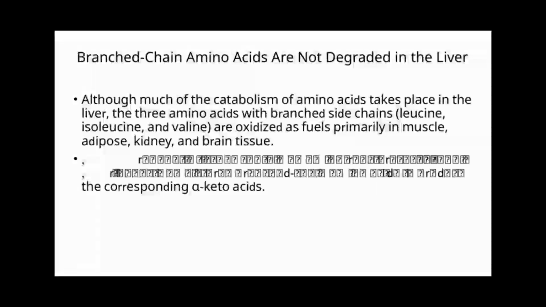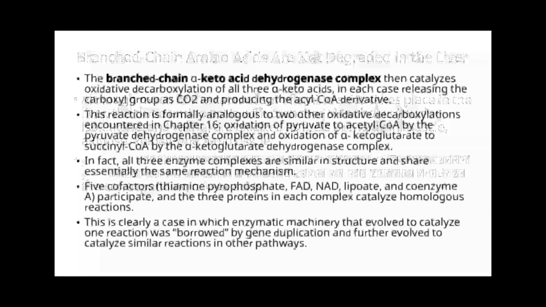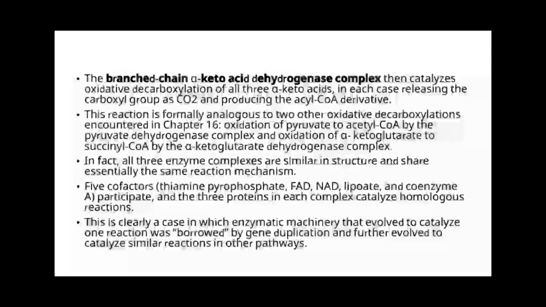The branched-chain alpha-keto acid dehydrogenase complex then carries out an important step. It catalyzes the oxidative decarboxylation of all 3 alpha-keto acids. In this process, the carboxyl group is released as CO2, and what remains is converted into an acyl-CoA derivative.